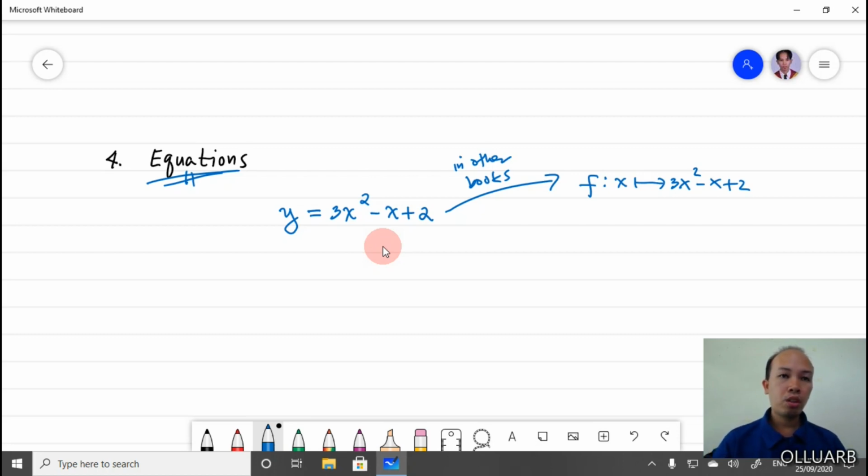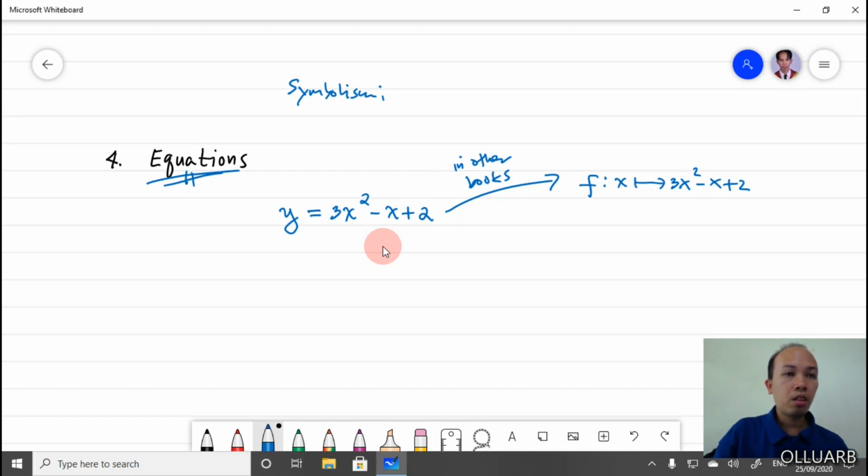If your function is denoted by f, then you will use this notation, small f. But if, for example, they use the letter g, small g, then you will use g. And let me put some symbolism here.